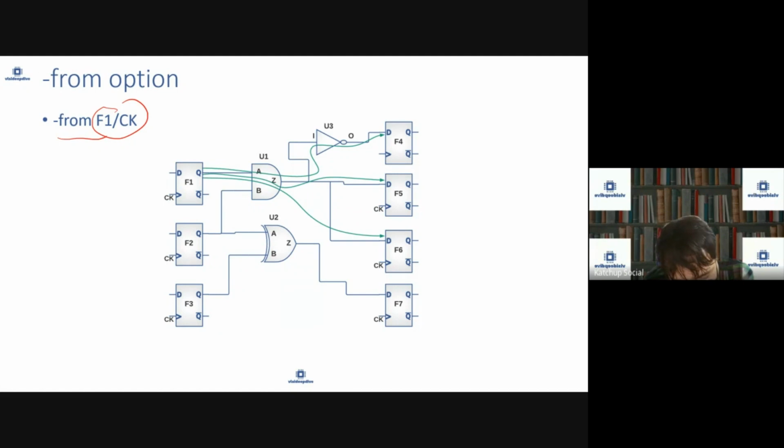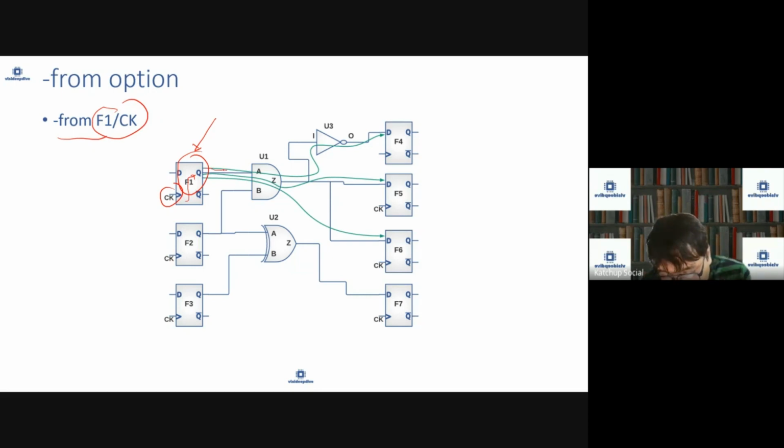So this is the flop F1 and its CK pin. Typically, a path starts from the CK pin because you have to take into account the CK to Q delay as well. So from CK means all the paths which are starting at this flop. So let's see what all the paths are there which are starting at this flop.